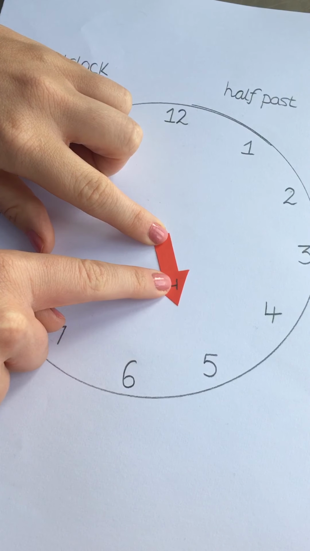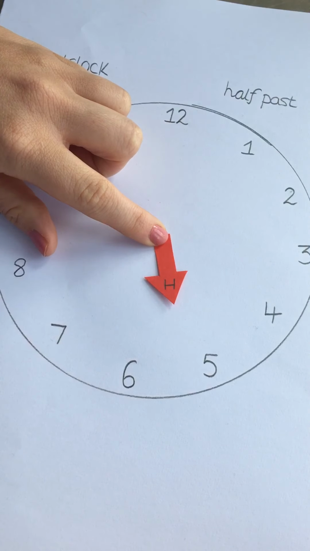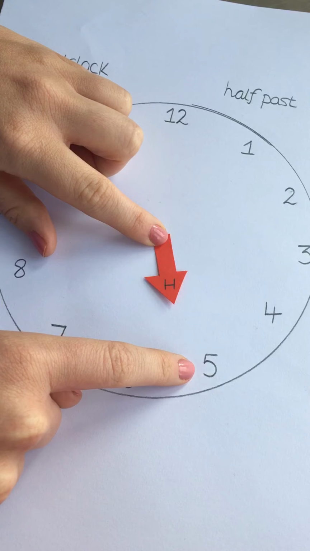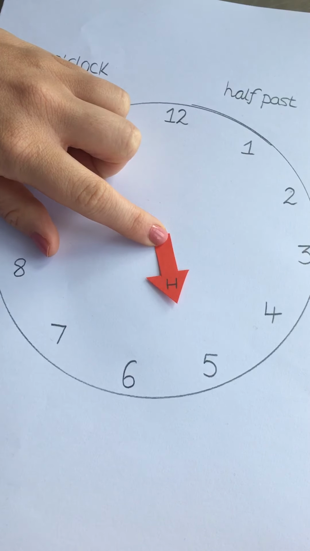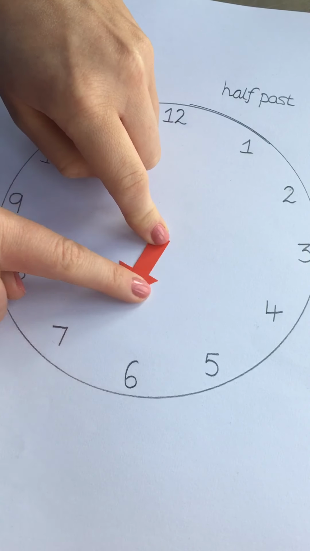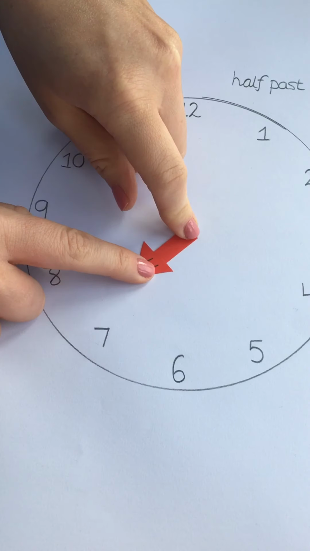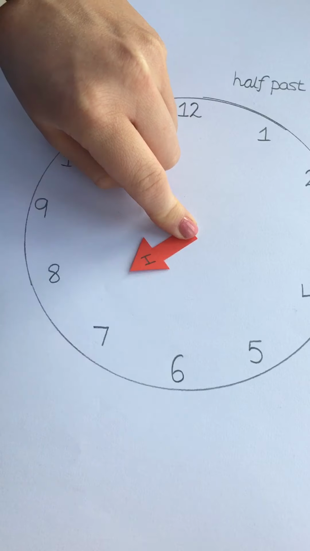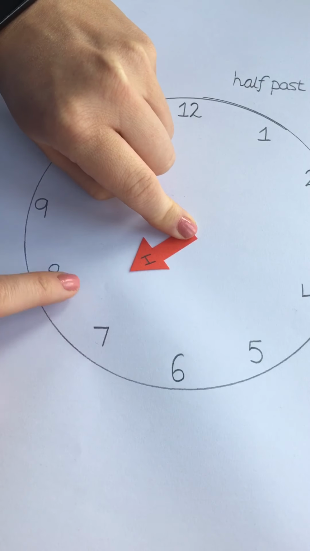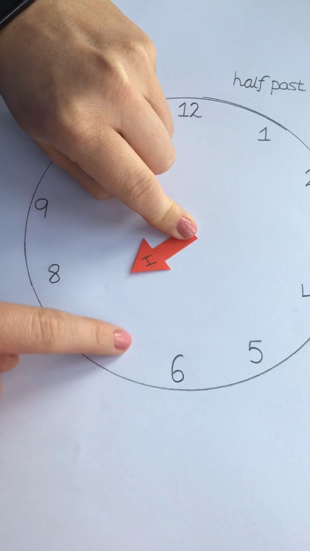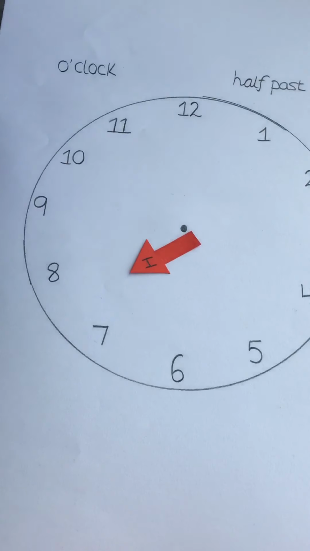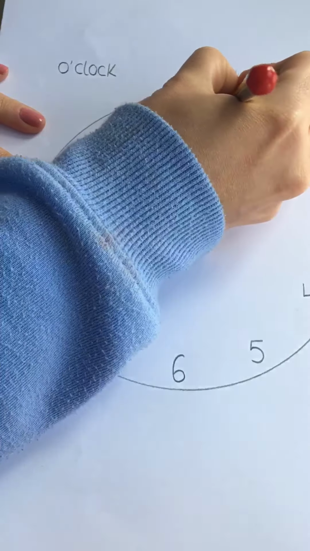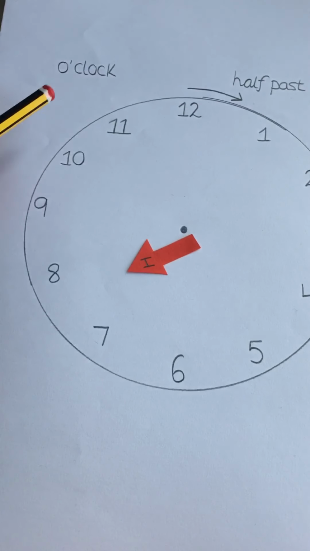If I move around a little bit further, now I can say that's 5:30 because the hour hand is pointing halfway between 5 and 6. If I moved it around to here, could you tell me what time it's showing there? So it's between the 7 and the 8, and you can see the hour hand is past the 7 because, to remind us, it always moves around in that direction.